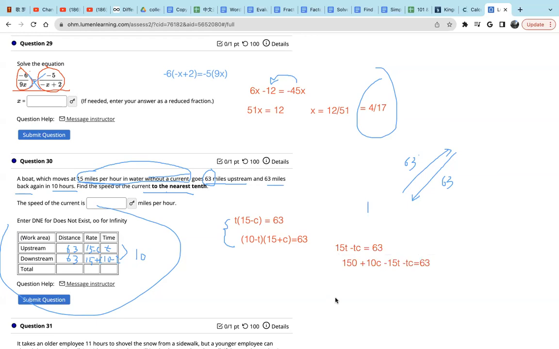Now let's use this 63, or we use this T. We can single out this TC. Hold on, we still have two variables, right?